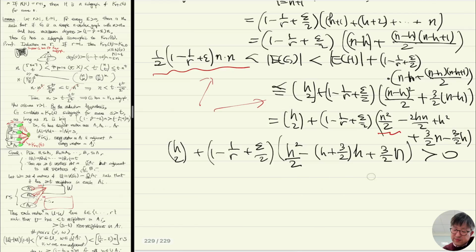In order to satisfy this, why is h big? H squared over 2 minus h over 2 plus h squared over 2. Something's strange. Oh, this is not right.